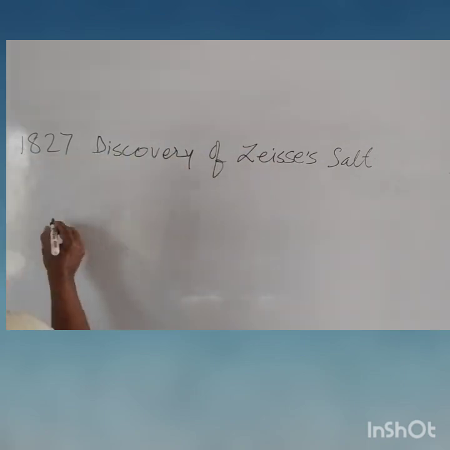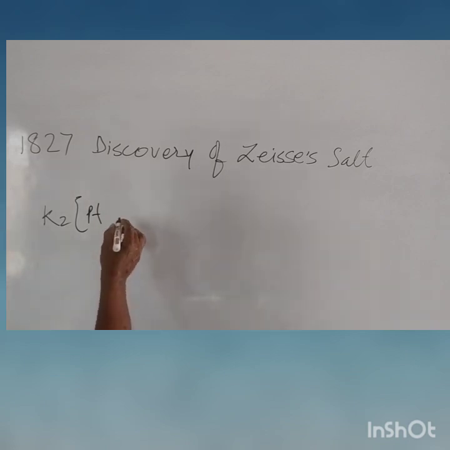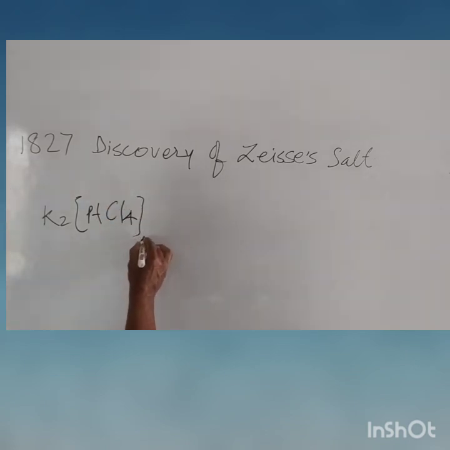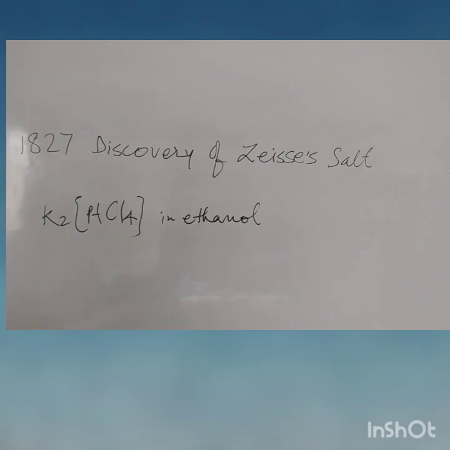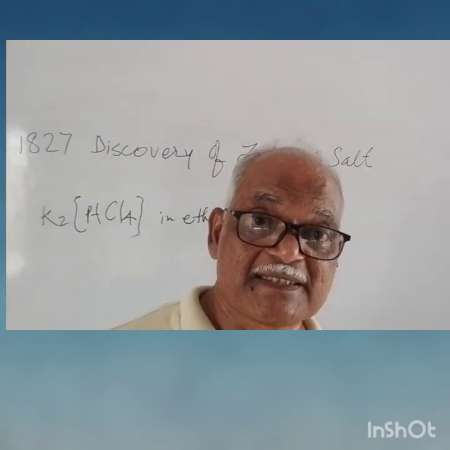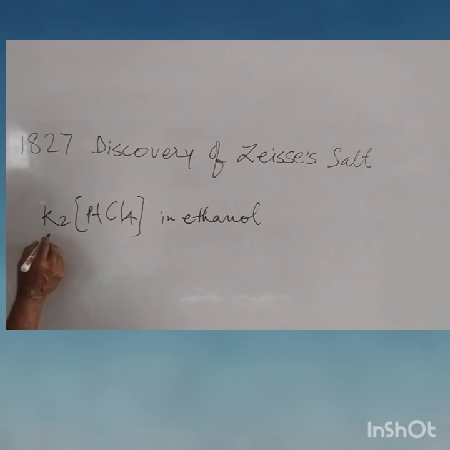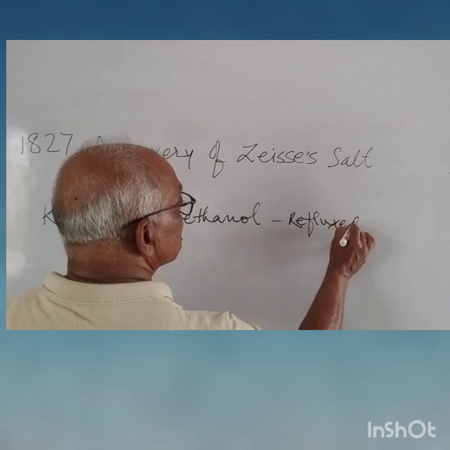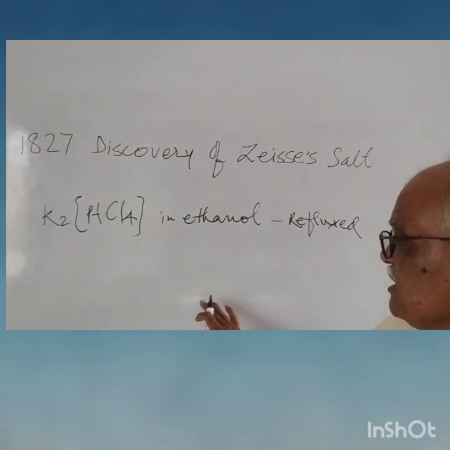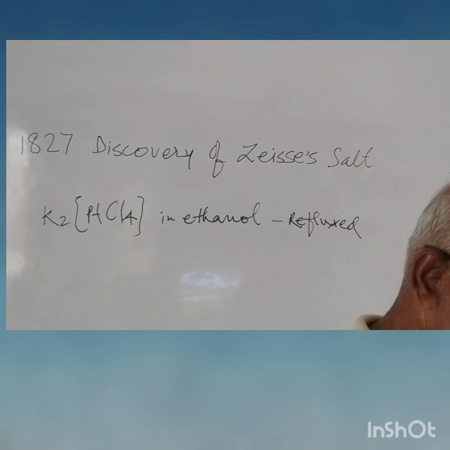He refluxed K2PtCl4 in ethanol, and when we obtained this salt, as we have shown its structure just now, it gave the very important compound called Zeise's salt.